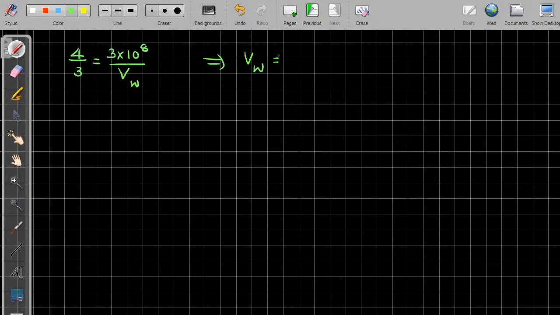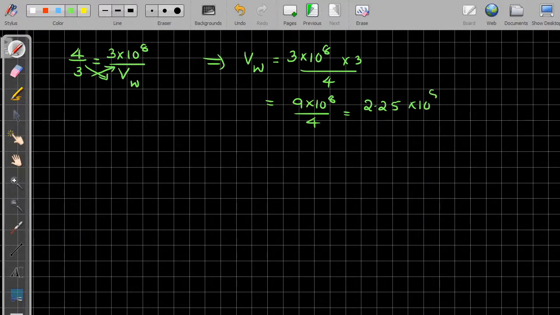So this will be equal to 3 into 10 raised to 8, this 3 will go to the numerator and 4 will come to the denominator, into 3 divided by 4. So this will be equal to 9 into 10 raised to 8 divided by 4, which is equal to 2.25 into 10 raised to 8 meter per second.